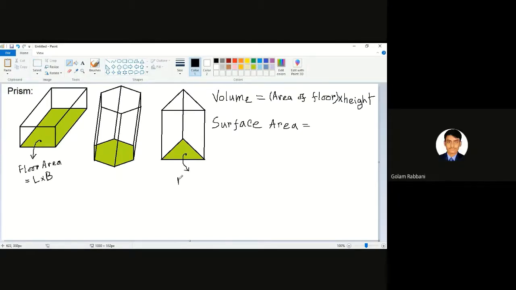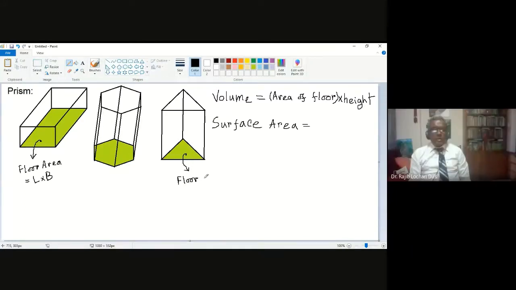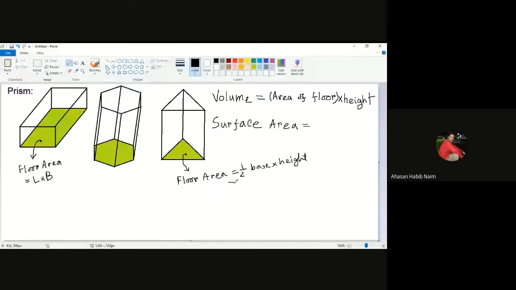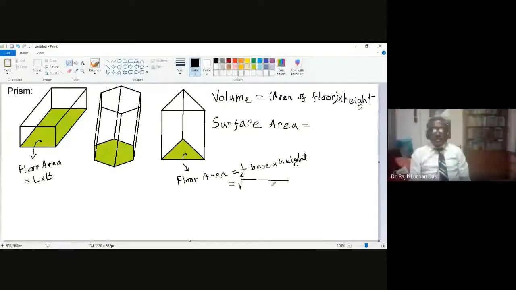Half into base into height. Correct. Maybe another formula, root over s into s minus a, s minus b, s minus c. So that is the area of a triangle.